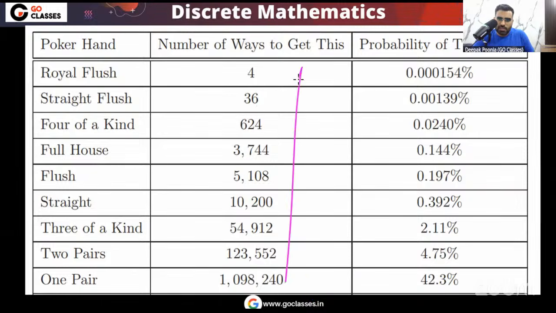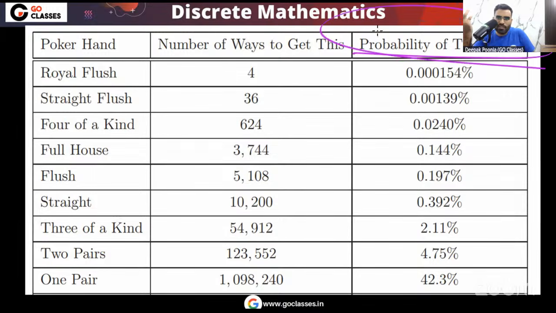Yes or no? Here the count is increasing, the probability is increasing, but the worth is decreasing. From the poker game point of view, royal flush is the most important, most worthy. And one pair has 42% probability, so it is less worthy, I can say. I hope you understood.